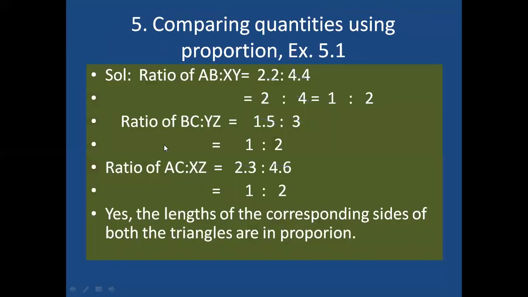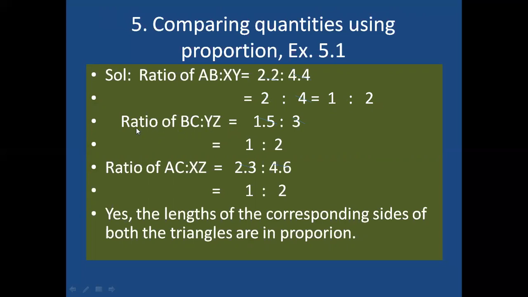Let us see that. Ratio of AB to XY. AB is given as 2.2 and XY is given as 4.4. Both are going in the 1.1 table, that is 1.1 twos are 2.2 and 1.1 fours are 4.4. Again 2 and 4 are going in the 2 table, 2 ones are 2 and 2 twos are 4. So the simplest form of this ratio is 1 is to 2.